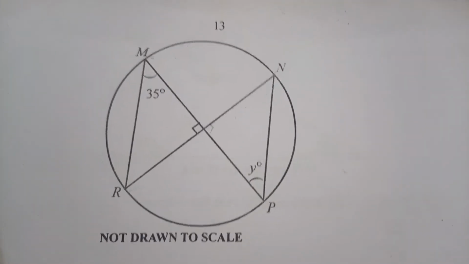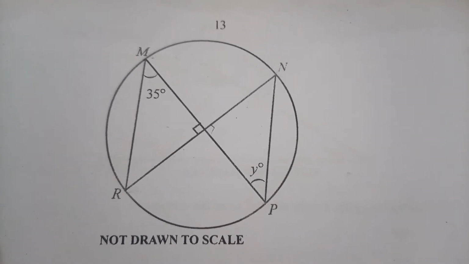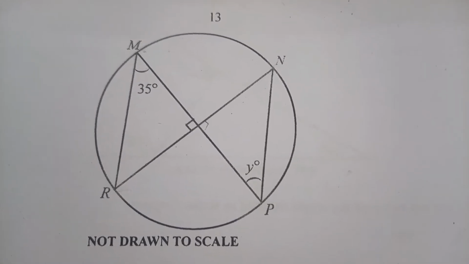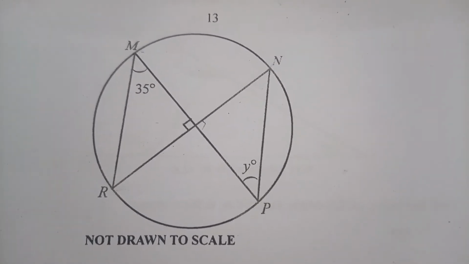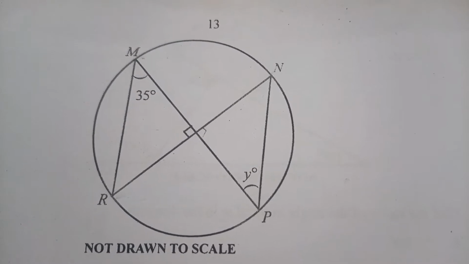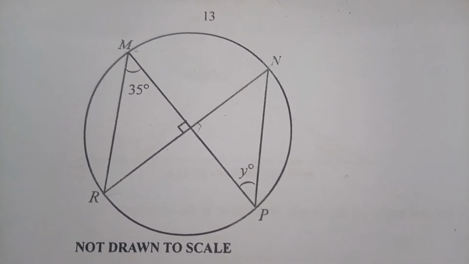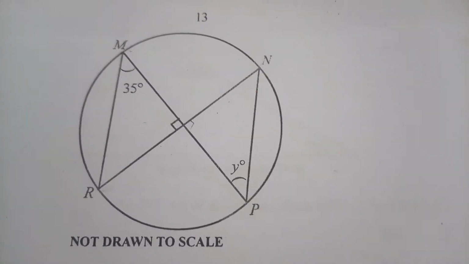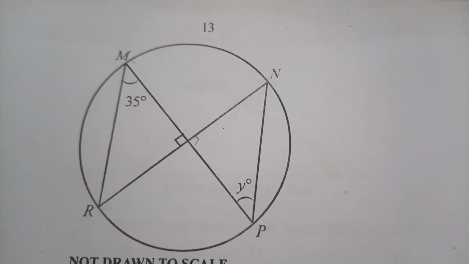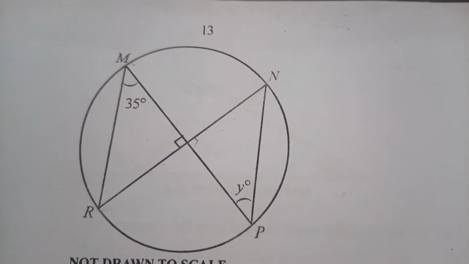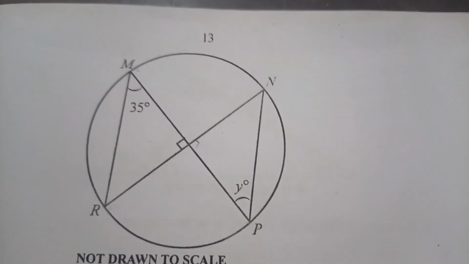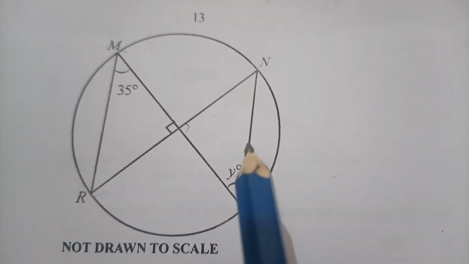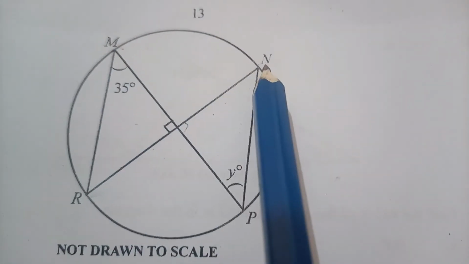Taking theorem 2, which is a video just before this one, you will see that there are two chords which subtend two angles in each of the segments depending on the chord you are using, and both of them can help us get our answer. So I'm going to use both of them, and these chords are chord RP and then chord MN.